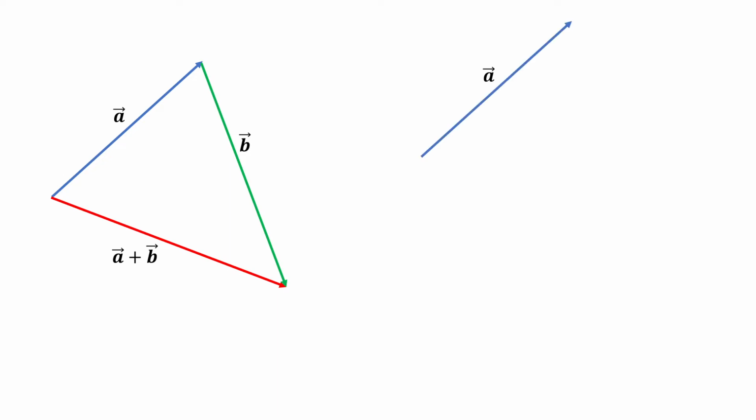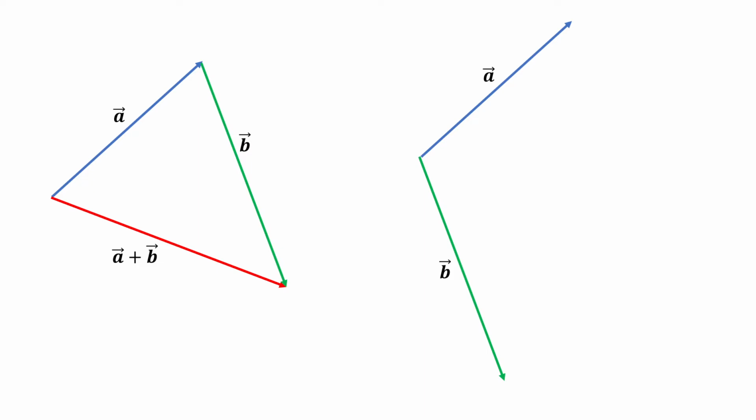So again, there are two standard ways to add two vectors. We can take one vector, put another vector at the end of the first vector, and then the vector that connects the ends and goes from the beginning of the first vector to the end of the last vector is the sum of those vectors. Right? The other way is to put both vectors a and b so they start at the same point.